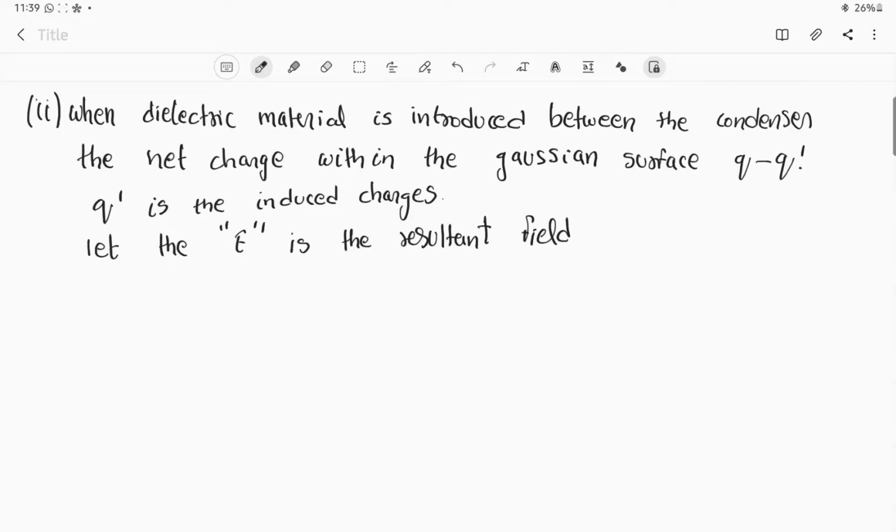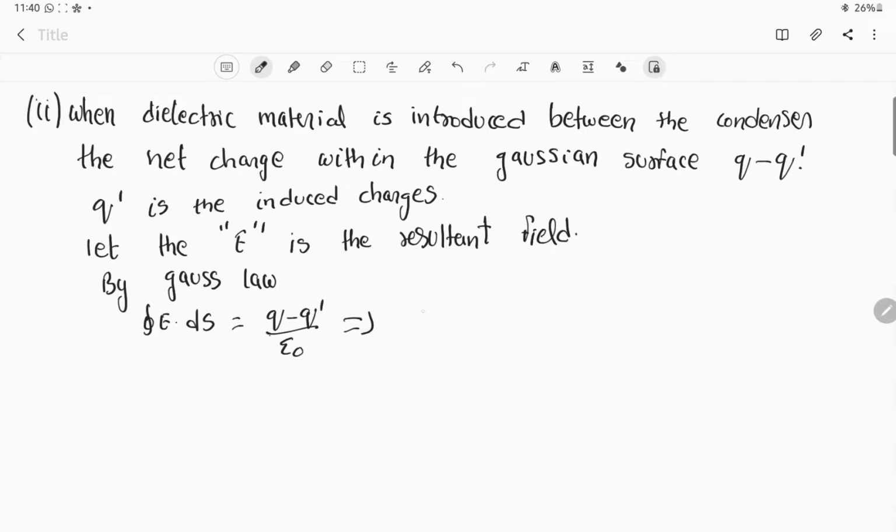So by using the Gauss law, as in the first case, E into ds is equal to q, but instead of q, what is the total charge here? Q minus q dash. When I use the dielectric material, the charge will not be only q, but it can be written as q minus q dash.